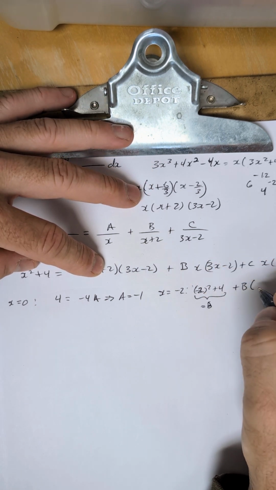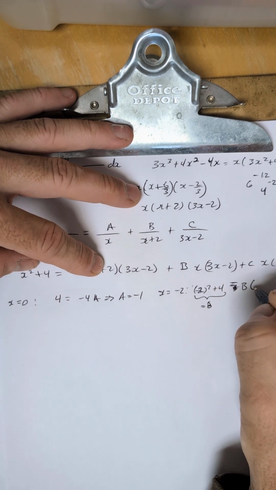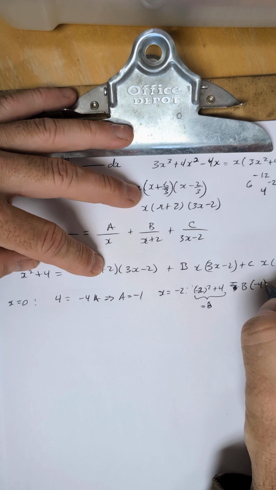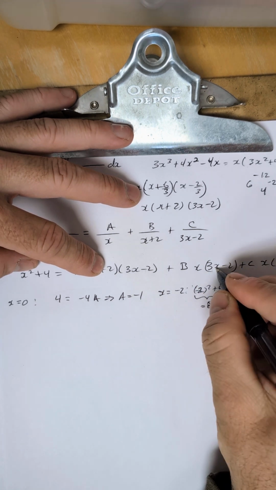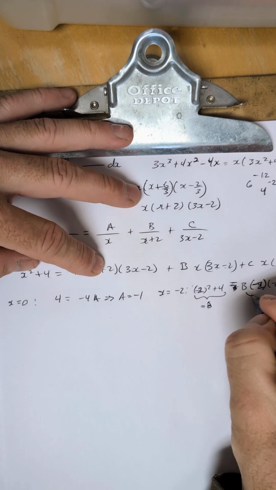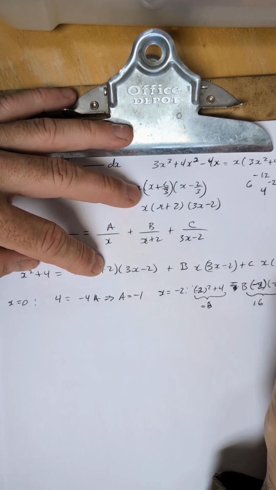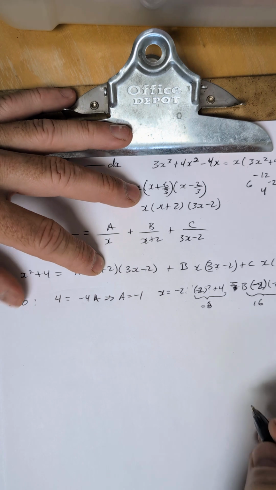It's b times negative 2 times negative 6 minus 2, which is negative 8. So it looks like it'll be a positive, so this is going to be positive 16b, and so this simplifies to b is equal to positive 1/2.